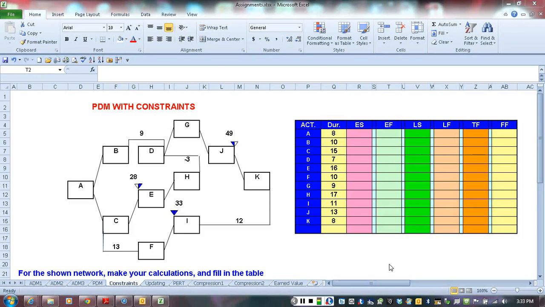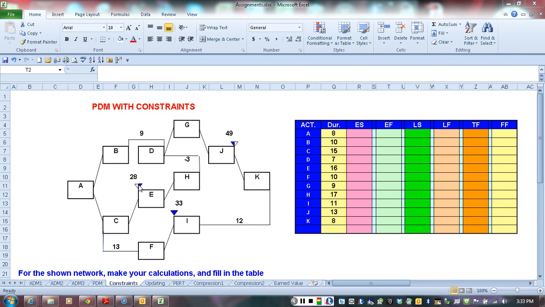Alright, now we're going to look at a solved example on network constraints. Here we have a network that we're going to solve, and we're going to fill this table with the dates, noticing that this network has three constraints.